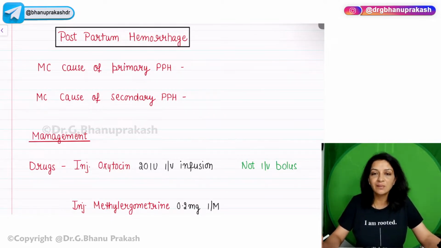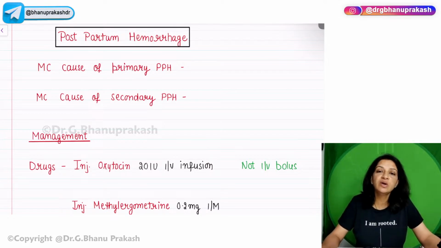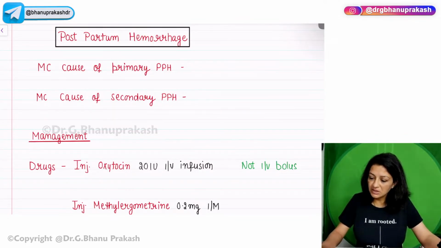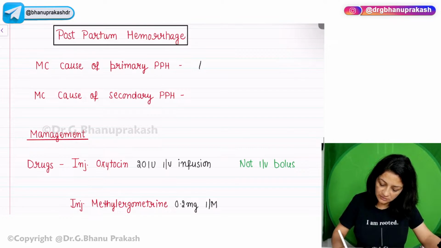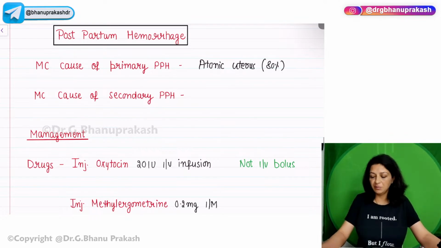Primary means if the bleeding occurs within 24 hours of delivery, and secondary PPH means if the bleeding occurs after 24 hours till 12 weeks of delivery. Most common cause of primary PPH is atonic uterus, in 80% of cases.